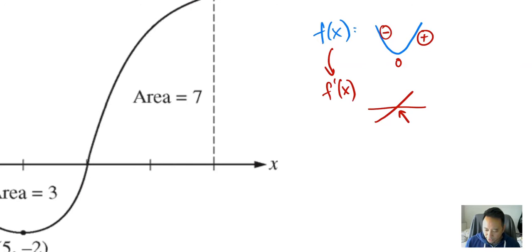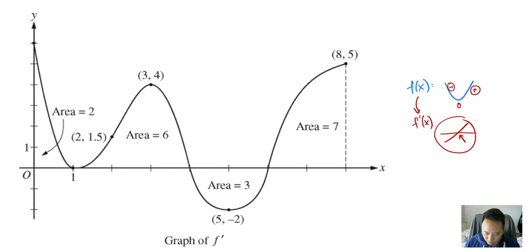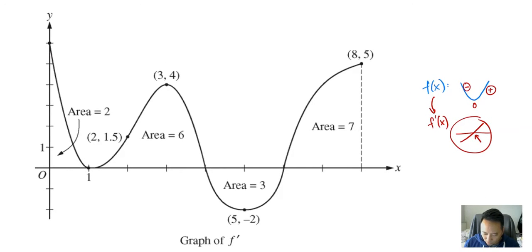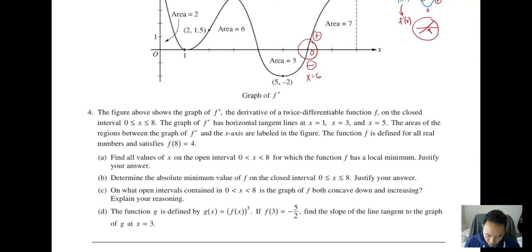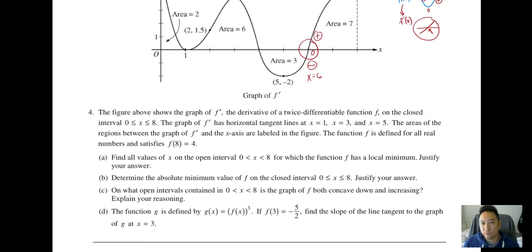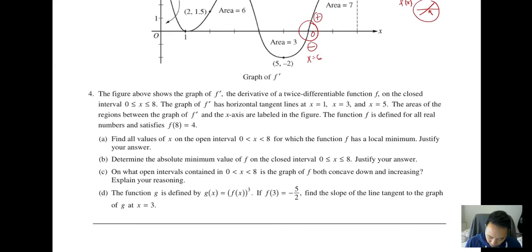If I'm trying to match this image somewhere on this graph, looks like I have only one location where it goes from negative to 0 to positive, and I believe that is x equals 6. So I would put x equals 6.